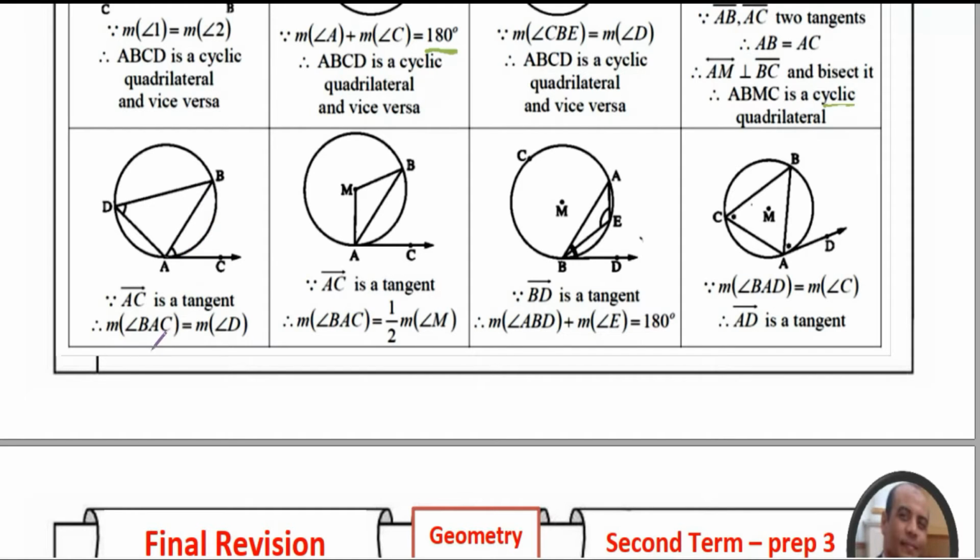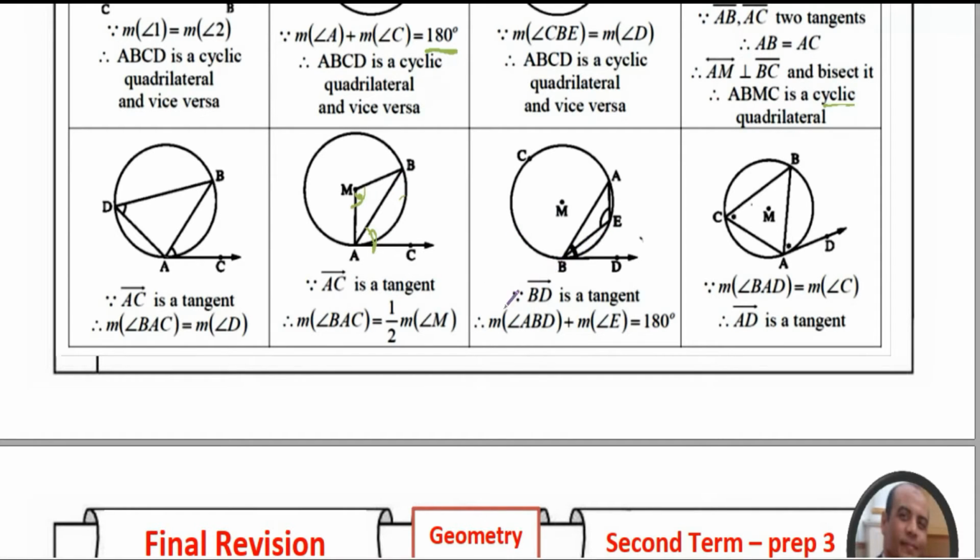And also you can deduce that the measure of the angle of tangency BAC equals half the measure of the central angle BMA, because the angle of tangency equals half the central angle subtended by the same arc BA.